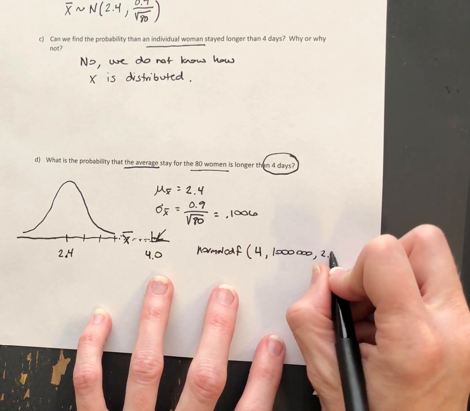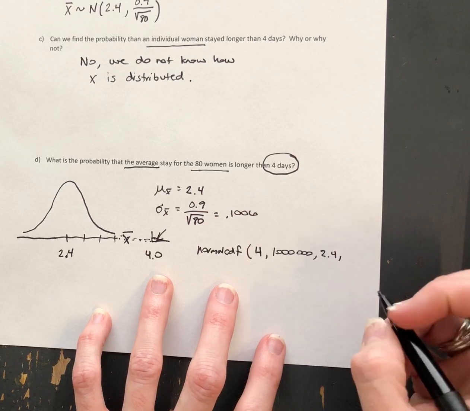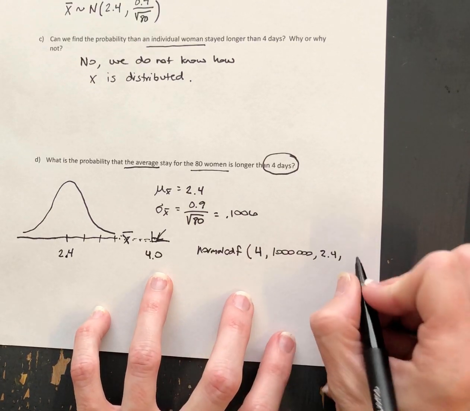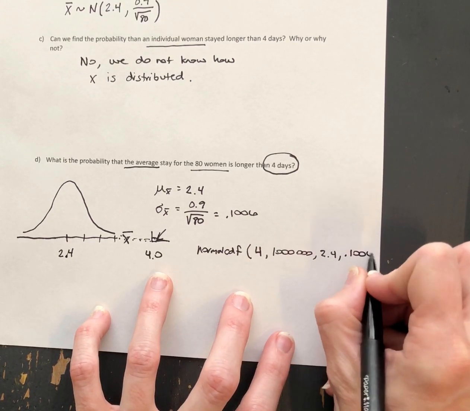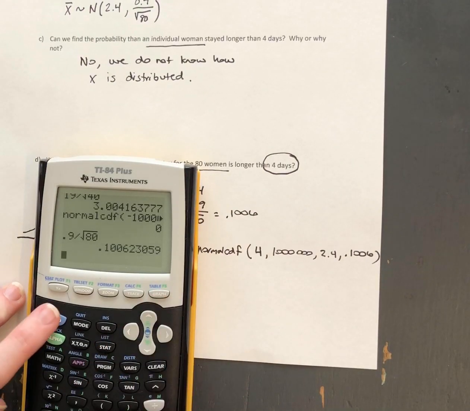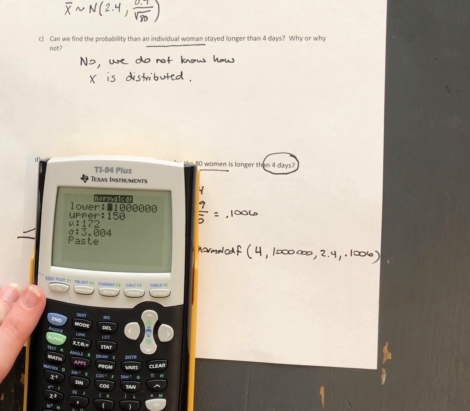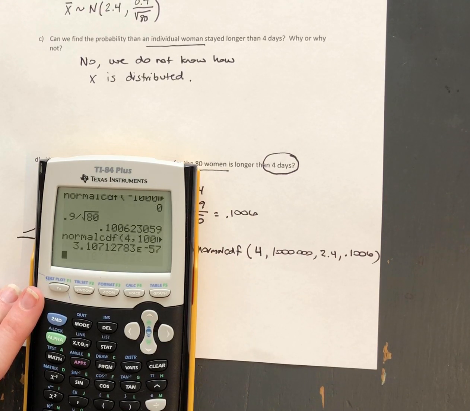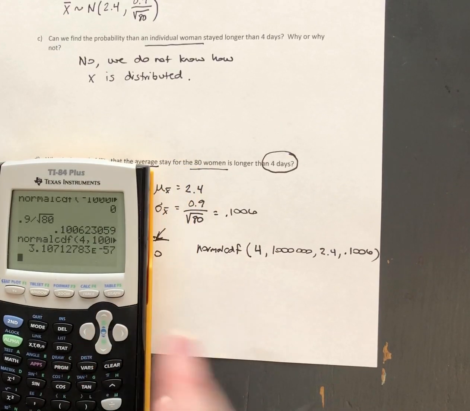The mean was 2.4, and the standard deviation was 0.1006. And so if we use normal CDF from 4 to a million with mean 2.4 and standard deviation 0.1006, we get this very tiny number.